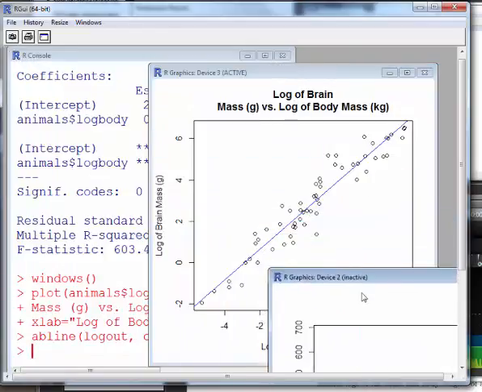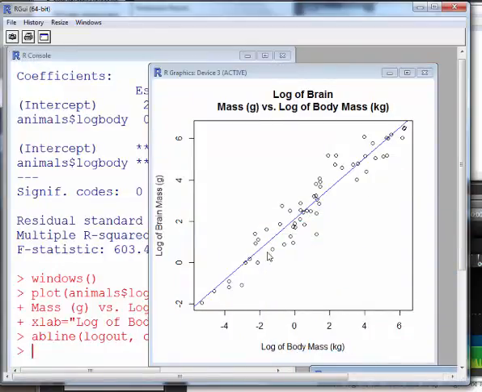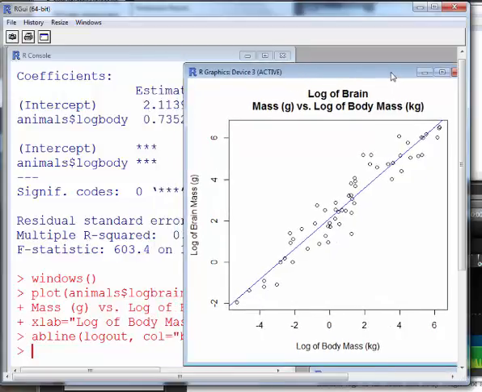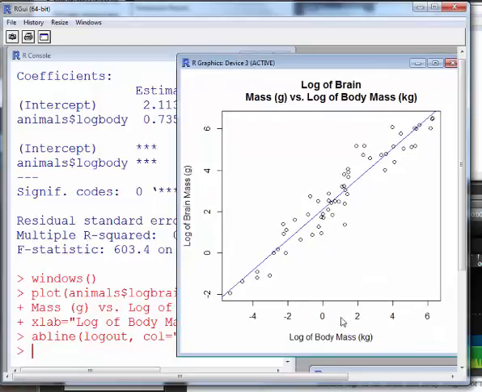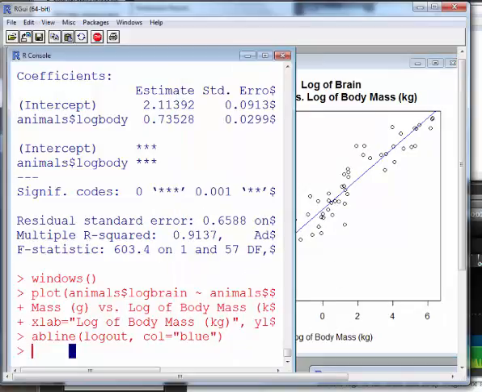Now you have to be careful here. It looks like there's a nice linear trend here, but what this is saying is that there seems to exist a nice linear trend between the log of the brain mass versus the log of the body mass. So the linear trend is no longer on the original variables, it's on the logs of the original variables.